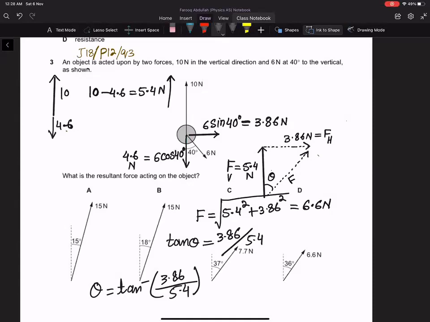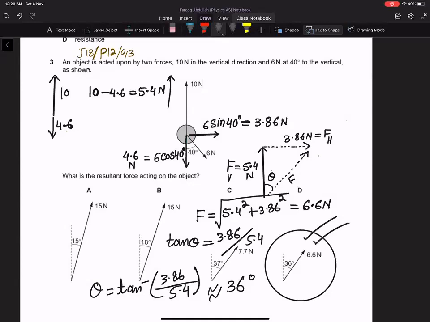So tan inverse of 0.71, the answer is 35.5 degrees, so it's almost 36 degrees. So this should be the answer.